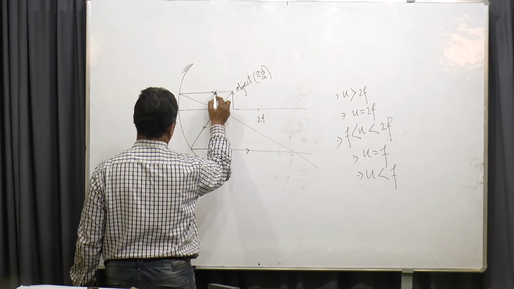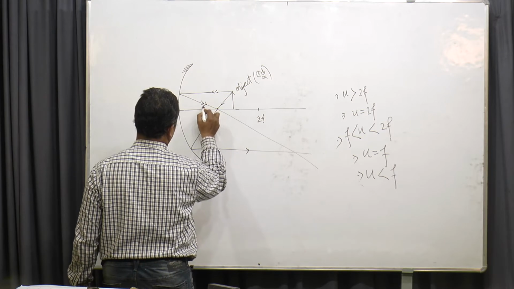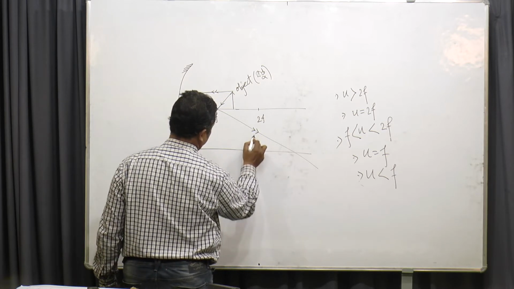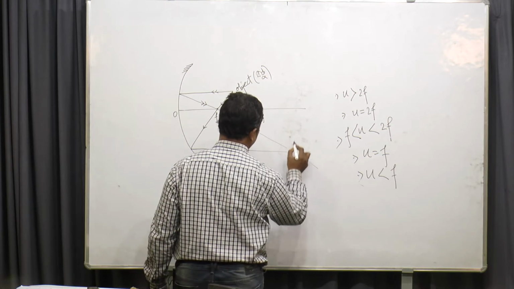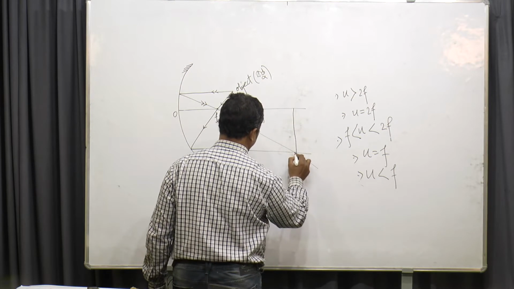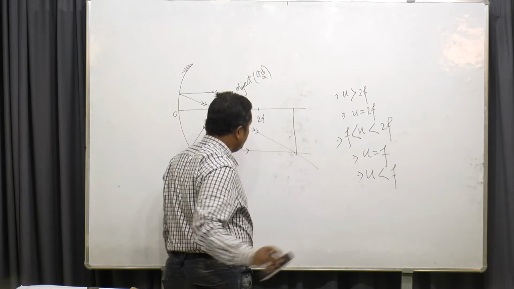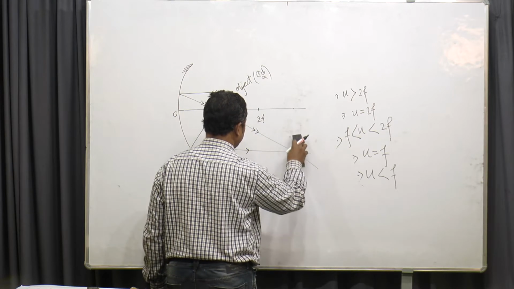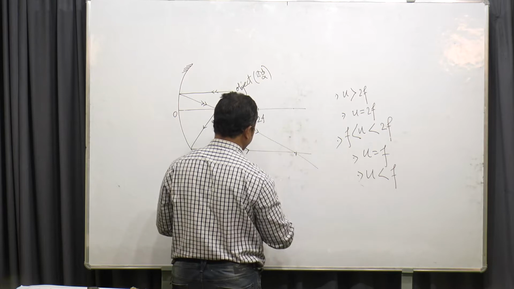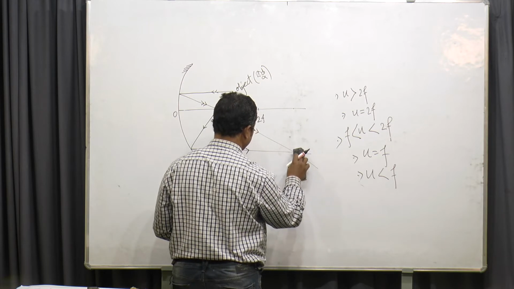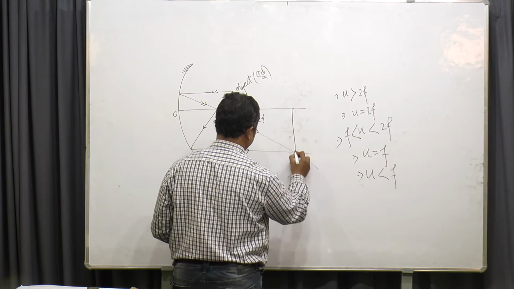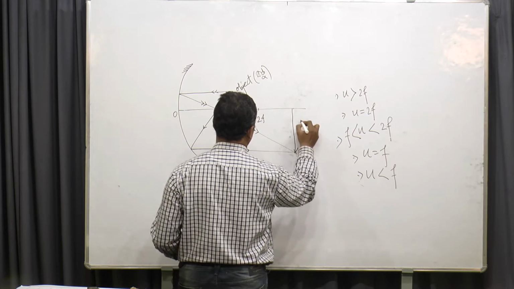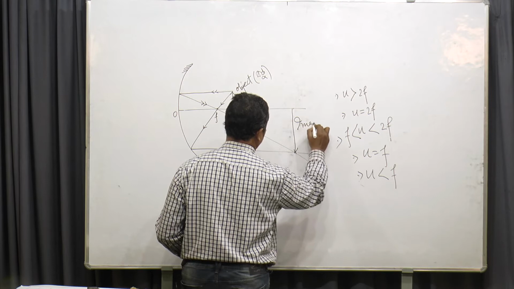This is the second law I have applied. Now the intersecting point is here, so make a perpendicular from that point, and this is my image.